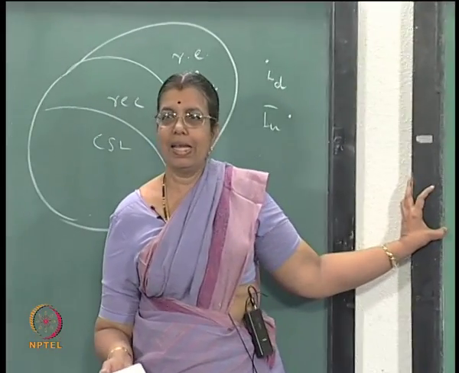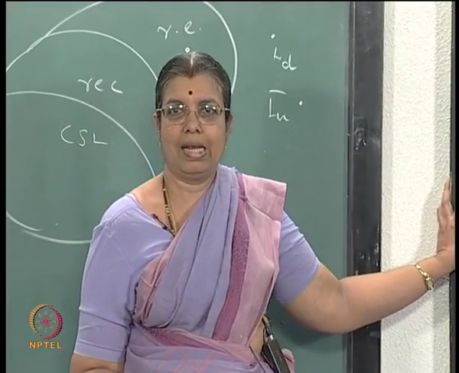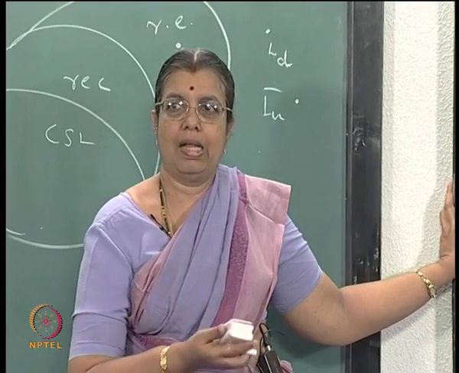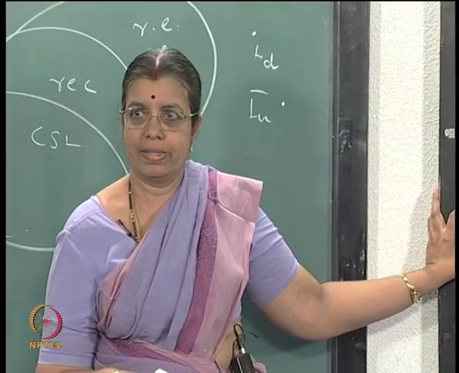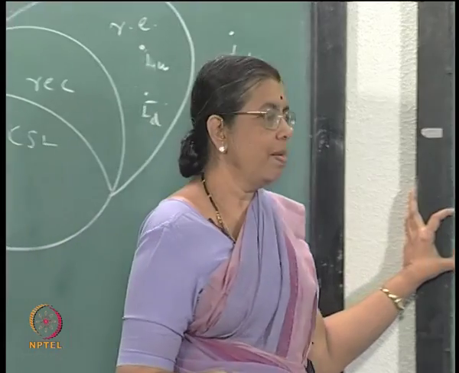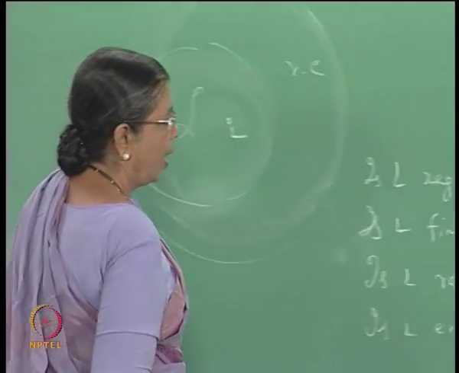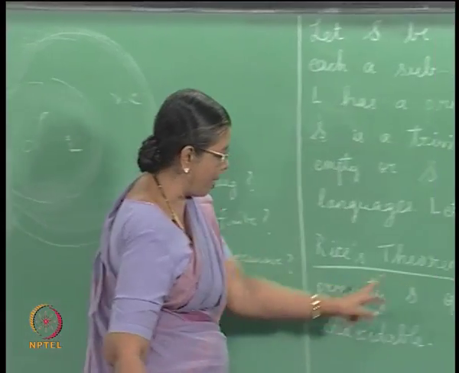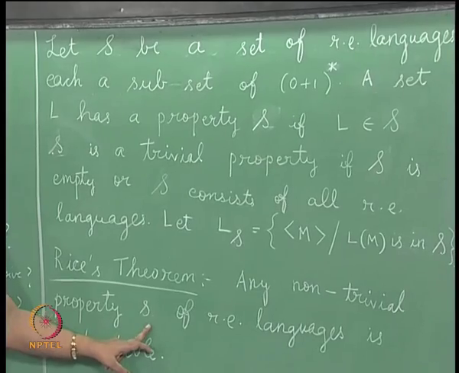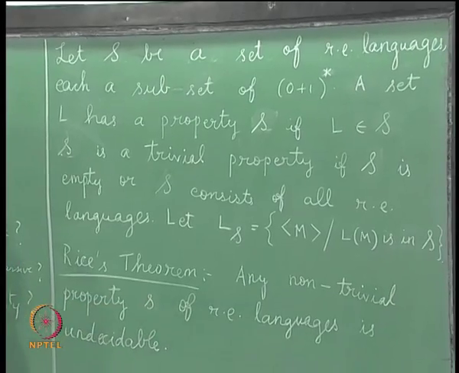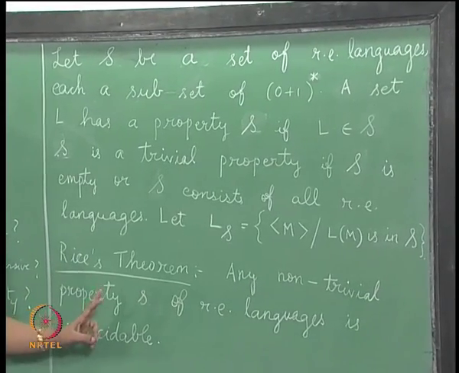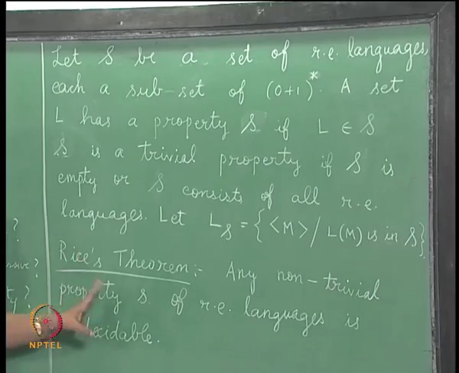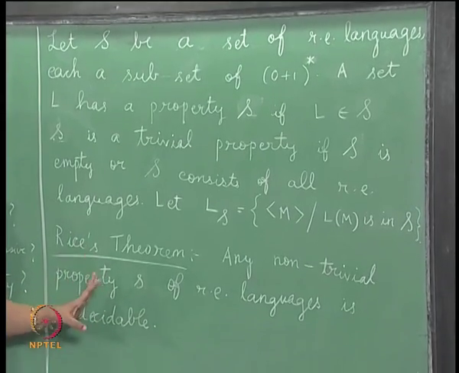All these are non-trivial properties. Rice's theorem states that any non-trivial property S of recursively enumerable languages is undecidable. Whatever property you take, if it is non-trivial, it is undecidable.